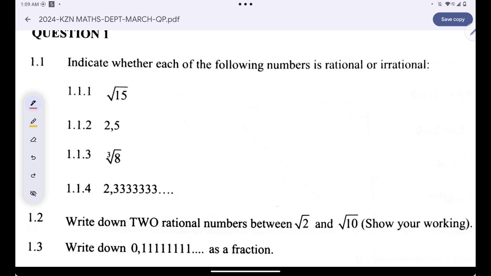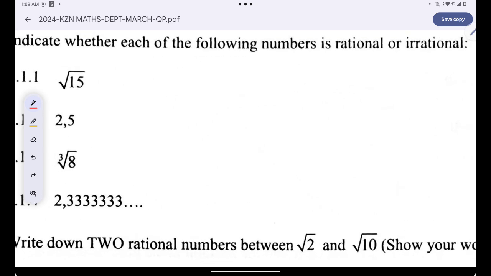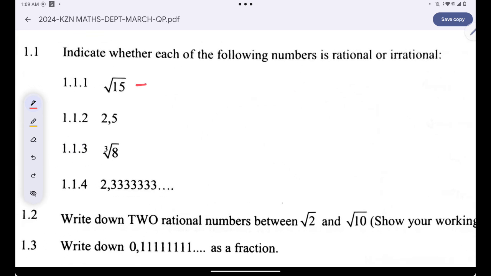In question 1, I'm asked to indicate whether each of the following numbers is irrational or rational. This one is irrational. Why? Because it has a long decimal all together.